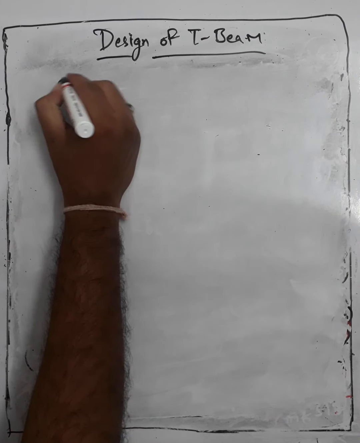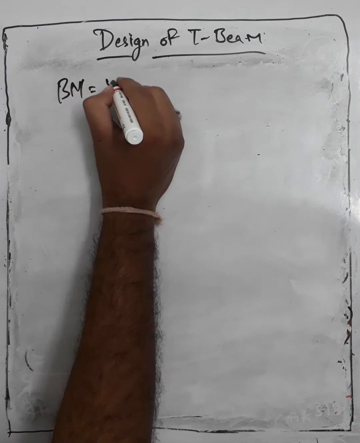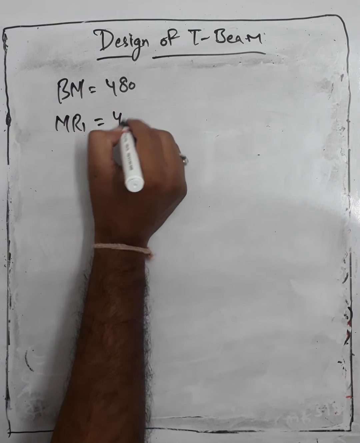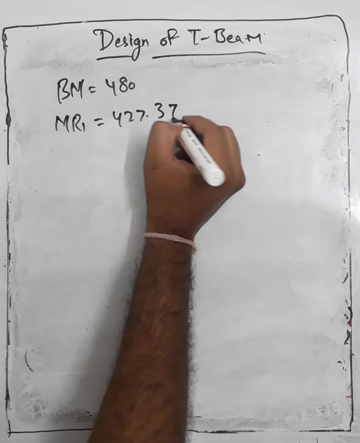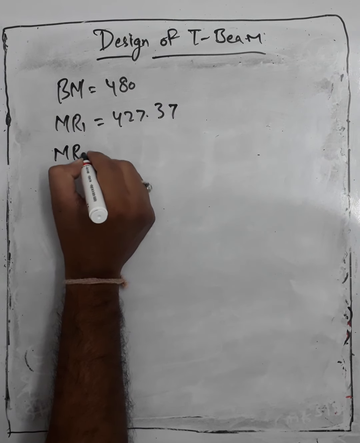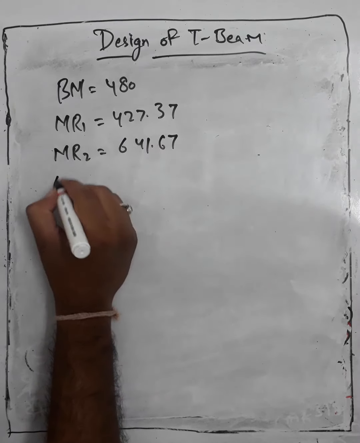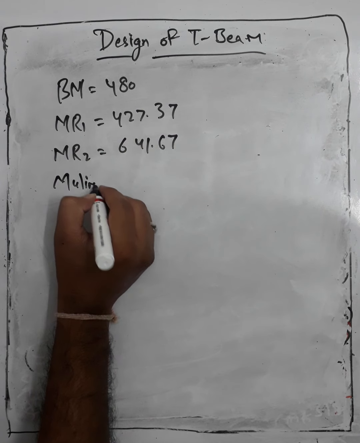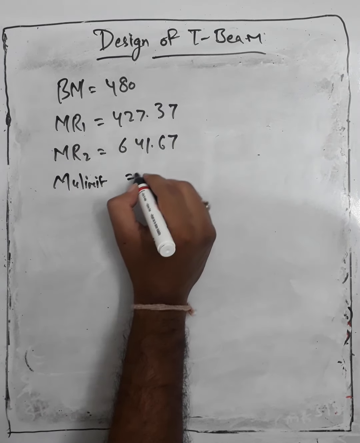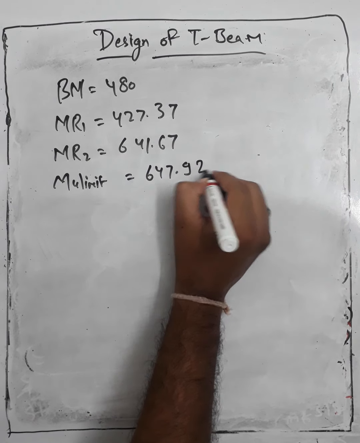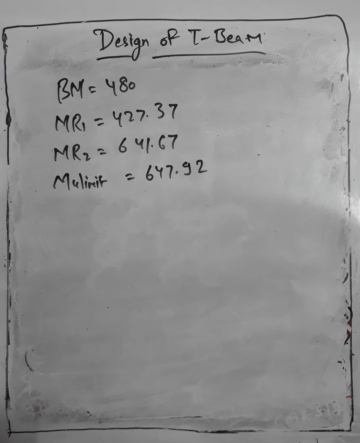The given bending moment is 480. We have found Mr1 is 427.37, Mr2 is 641.67 and Mu limit is 647.92.